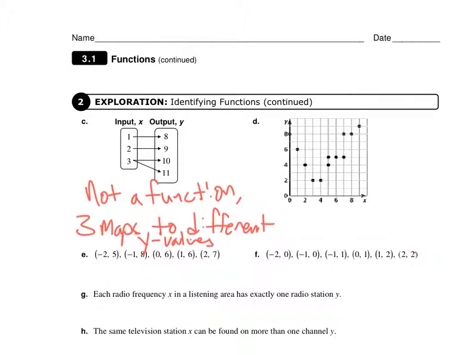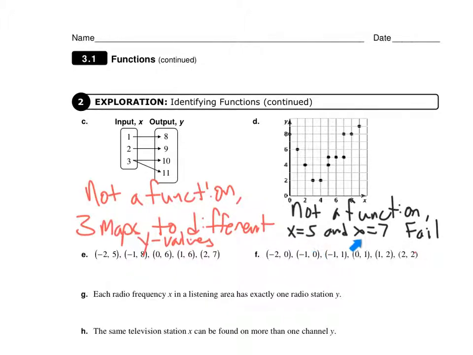That's a problem. 6 is all good. 7 goes to a 5 there, and then 7 goes to 8. 7 can't make up its mind. 7 has 2. So this is not a function because 5 and 7 map to 2 dots. They have 2 dots above them. And we can just say that x equals 5 and x equals 7 fail the test of only going to one y value.